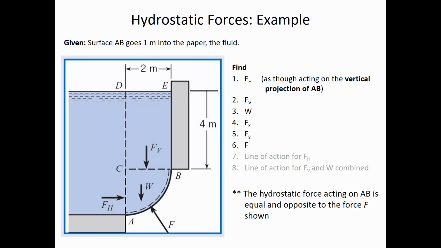Okay, what I've done here on this slide is we've got these steps that we need to find the vertical forces, that is this first element, BC. This is B, C, D, E. Okay, then there's this other shape that looks like this.